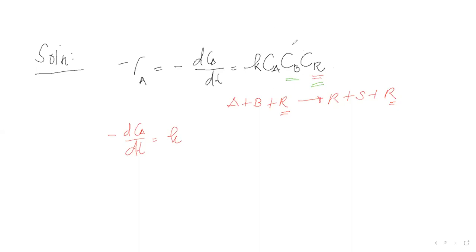So anybody here who can suggest to me what to do with these two concentrations? We can start with something simple, like an expression for C sub B. Then we go to the expression in terms of C sub R, because these two have to be changed in terms of C sub A. So I'd like to write here C sub A, and I'll be waiting for C sub B and C sub R expressed in terms of C sub A. What do you think, or how should we do it?